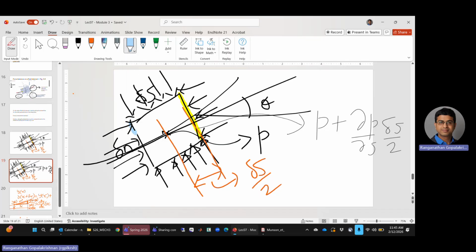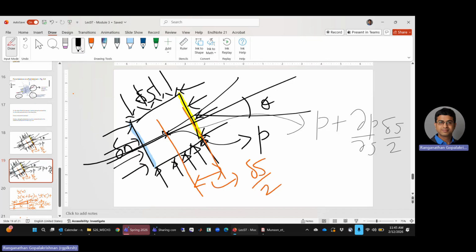What will be the pressure at this end? So if this direction is positive, this has to be negative. So if this distance is delta S divided by 2, going backwards means you are going to a distance minus delta S over 2. Okay.